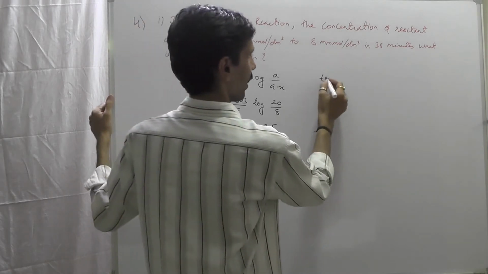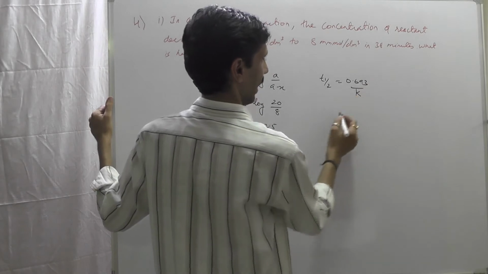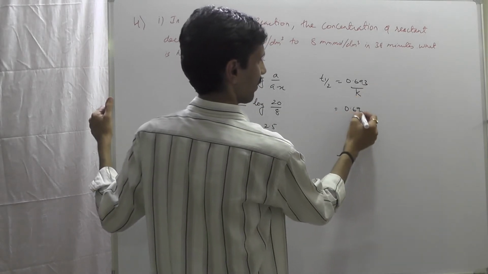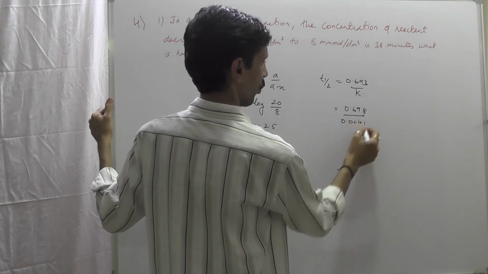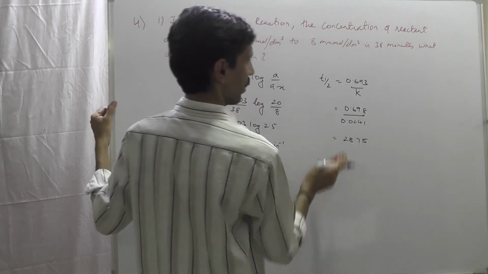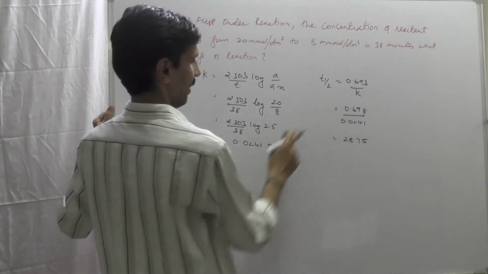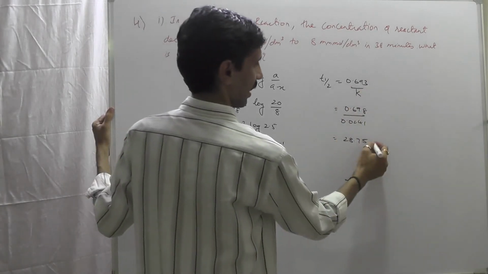अभी हमें find out करना है t half. t half is equal to 0.693 upon k. So that is equal to 0.693 upon 0.0241, which is nothing but 28.75. अब ये k है, इसका unit minute inverse है, वो denominator में है तो ऊपर चला जाएगा तो minutes हो जाएगा.